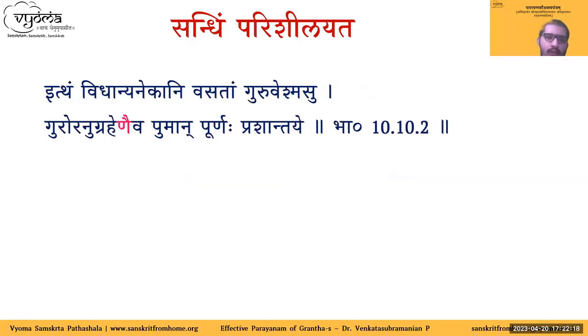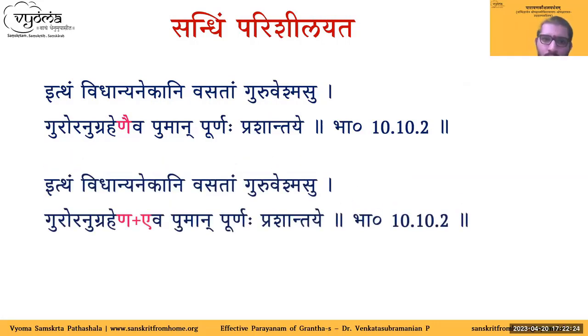Similarly, in the other shloka, Guror anugrahena, if we split that, we will get Guror anugrahena eva. So here, Guror anugrahena eva, and in the previous example, chaitat, we see the Aikara coming in place of Akara and Ekara. So this is Vriddhisandhi.